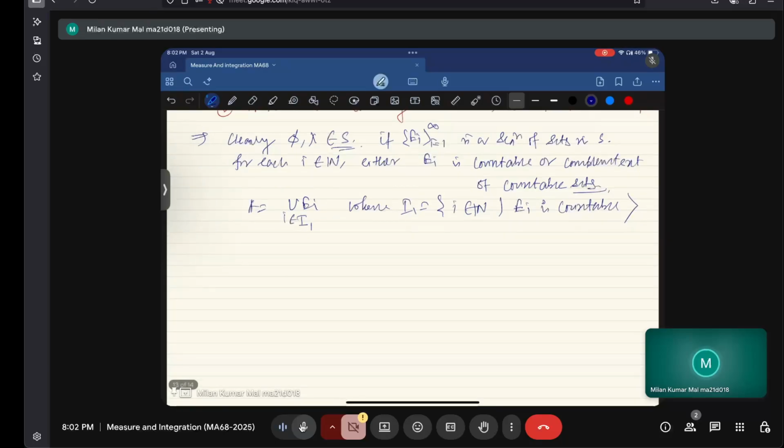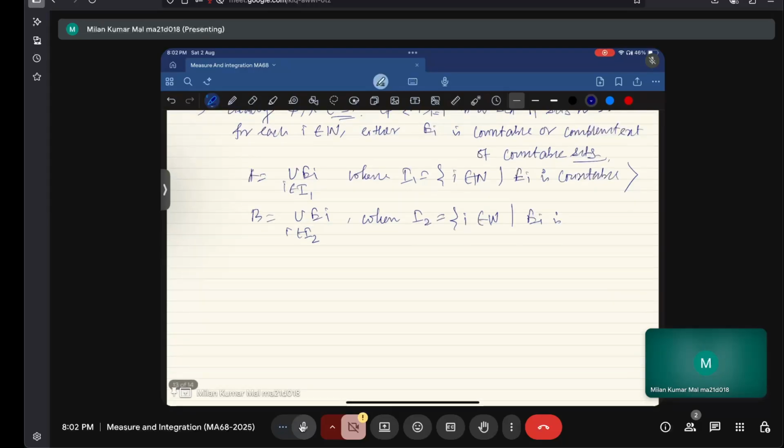Second, B is the union over i in I2, where I2 is all those natural numbers such that E_i is the complement of a countable set. Note that here I1 and I2 could possibly intersect, because there may exist a set which is countable and whose complement is again countable.